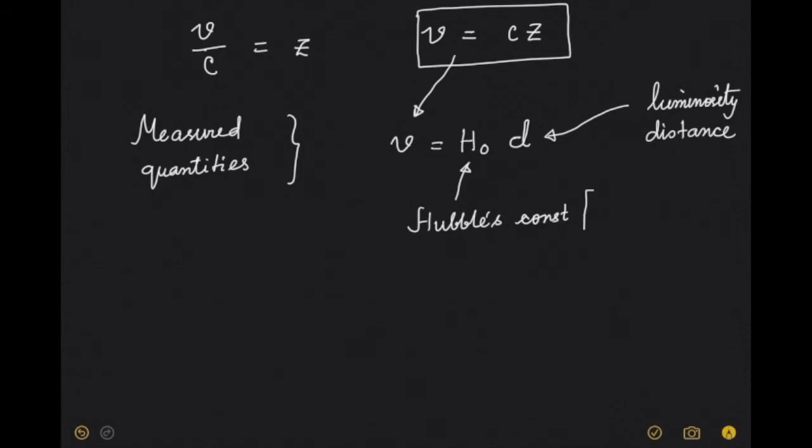Okay, there are very precise values of Hubble constant as measured today, but roughly the value is 70 kilometer per second per megaparsec. And you can see immediately from Hubble's plot why this is a peculiar unit, because velocity is measured in kilometer per second and d is measured in megaparsec. So H naught has a unit of kilometer per second per megaparsec.